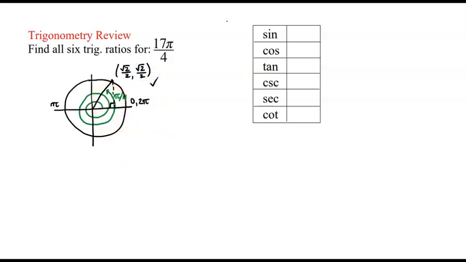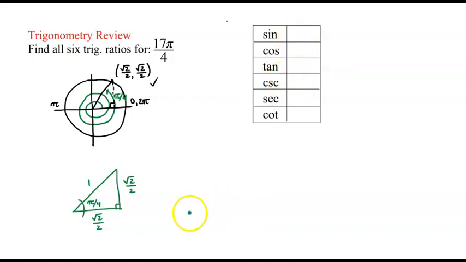And if I wanted to draw this triangle just a little bit bigger so we could label our sides, I know because this lies on the unit circle that our hypotenuse is 1. I know we've got a height of root 2 over 2 and a width of root 2 over 2 with our reference angle of pi over 4.